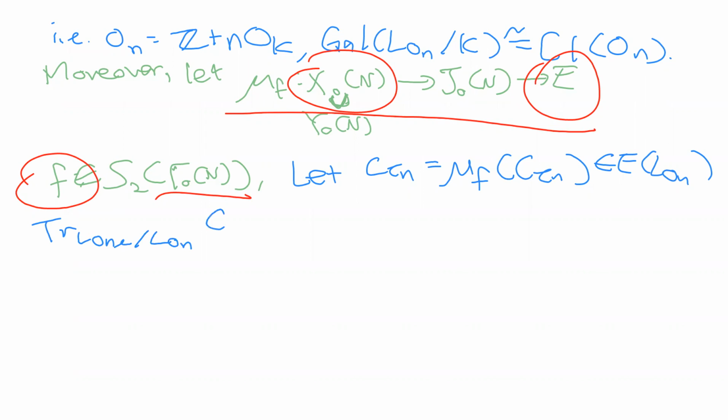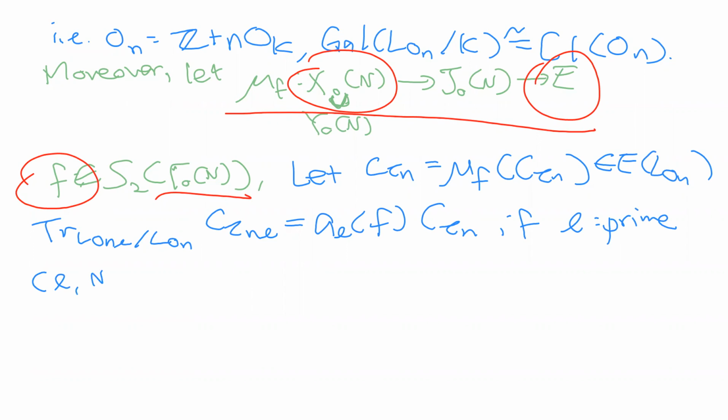So the trace, or you can call it the norm, of the Heegner point over the ring class field of conductor nL is a_L(f) times c_{τ,n}, if L is a prime number, L is prime to nN, and L is inert in K over Q. That's the first distribution relation.